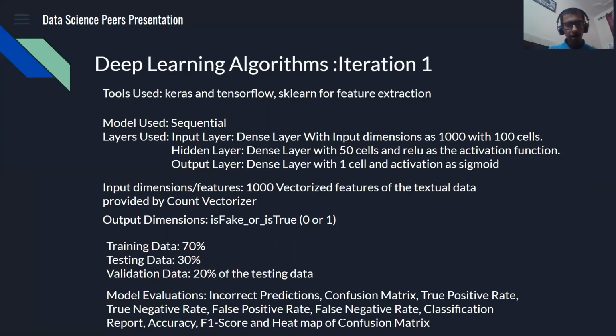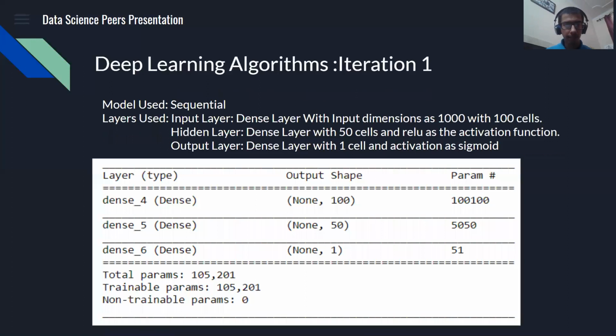The training data is around 70%, testing data is 30%, and validation data, I mentioned 20%, but I misplaced it, it's 50% of the testing data that is kept for validation. That is around 6,000 samples kept for validation. And the model evaluations remain the same.